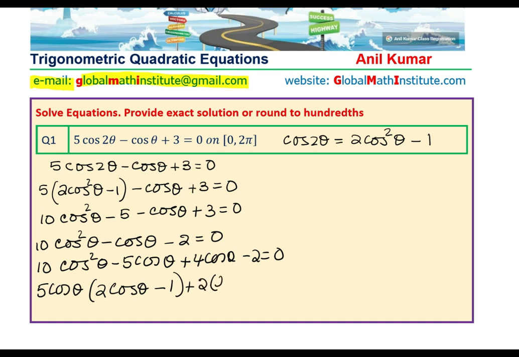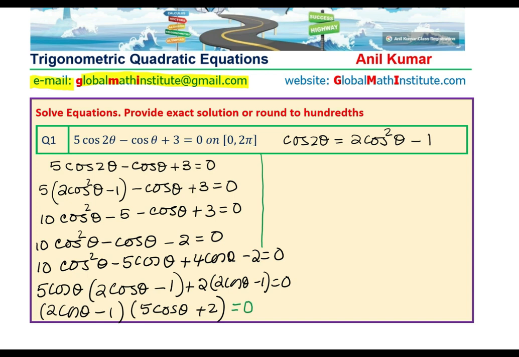So we get 2 cos theta minus 1 equals to 0. Now 2 cos theta minus 1 is common. So we get 5 cos theta plus 2. Correct. So this gives you two different factors which should be equal to 0 when multiplied.